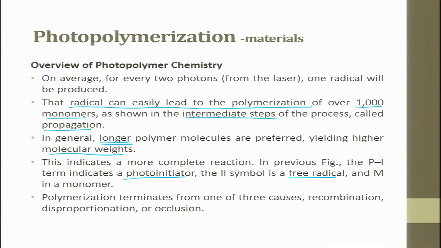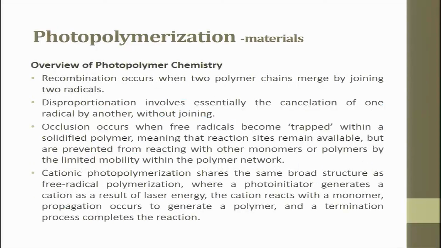The polymerization process terminates from one of 3 causes: recombination, disproportionation or occlusion. Recombination occurs when 2 polymer chains merge by joining 2 radicals. Disproportionation involves essentially the cancellation of one radical by the other without joining.